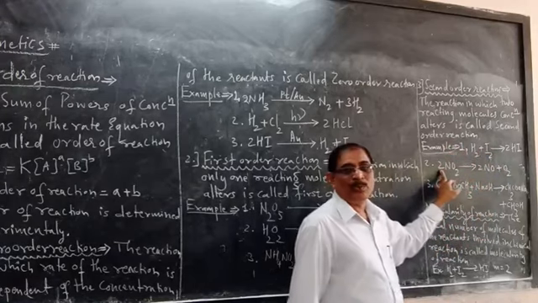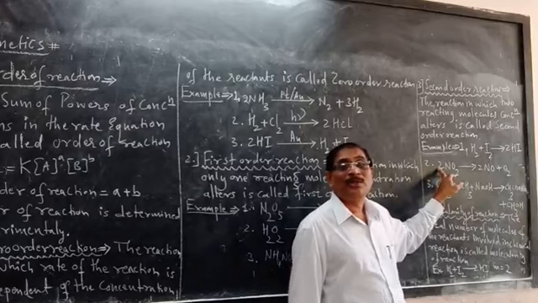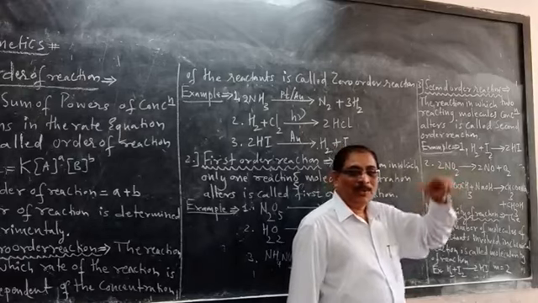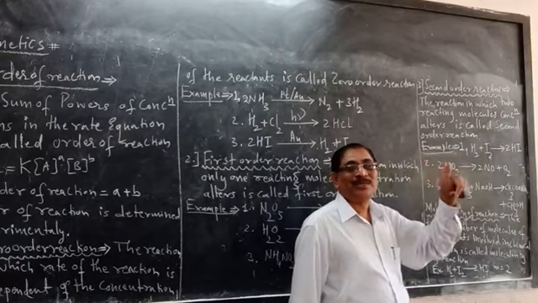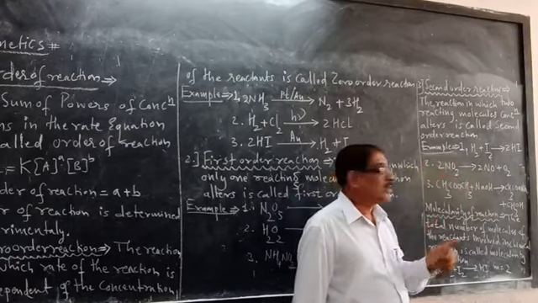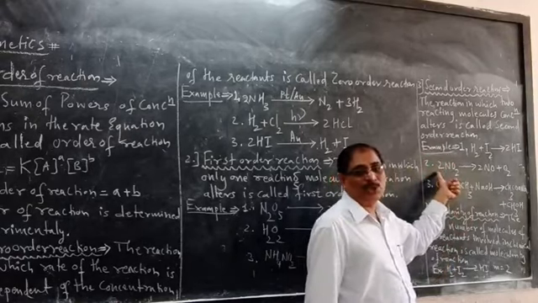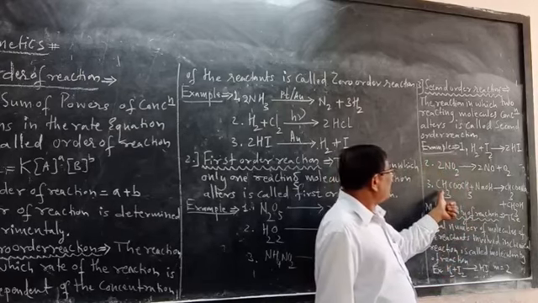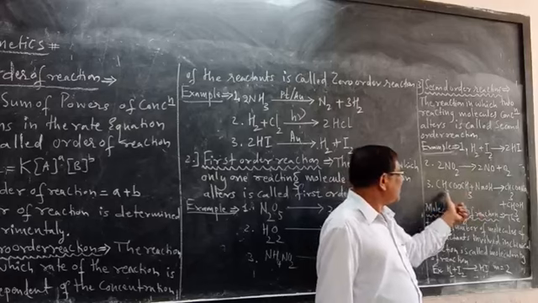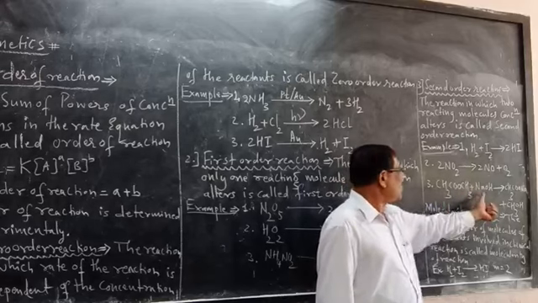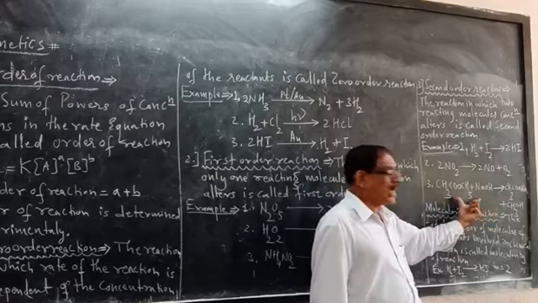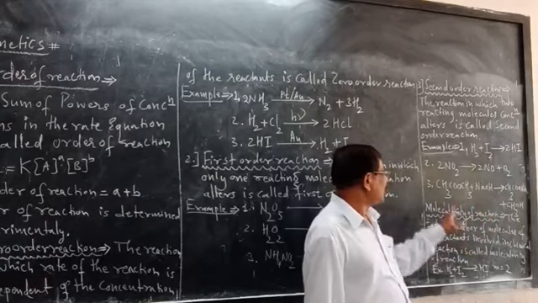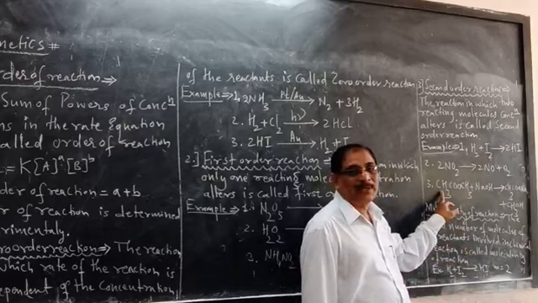Here the power of the concentration terms whose concentration changes adds up to 2. Therefore the order of reaction is 2. Here, the ester methyl acetate and sodium hydroxide, 1 plus 1 is 2. So two reacting molecules are changing concentration. Therefore it is a second order reaction. Okay.